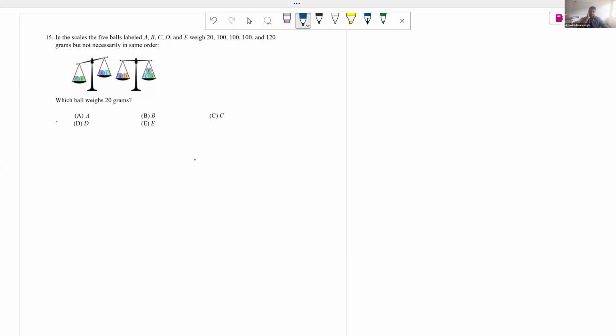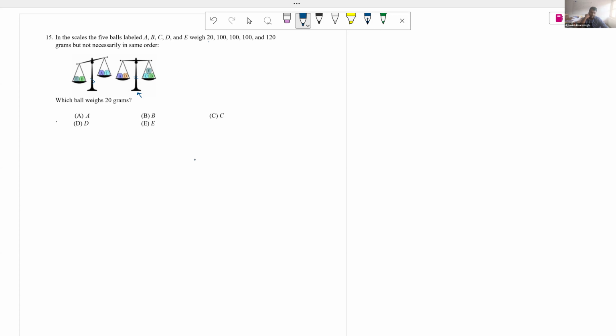First of all, I will select that scale, because it gives me more information because there's an equality. Here it is an inequality, which means there might be some information that I might not get from here. This has more information in it. And so how do you balance something?